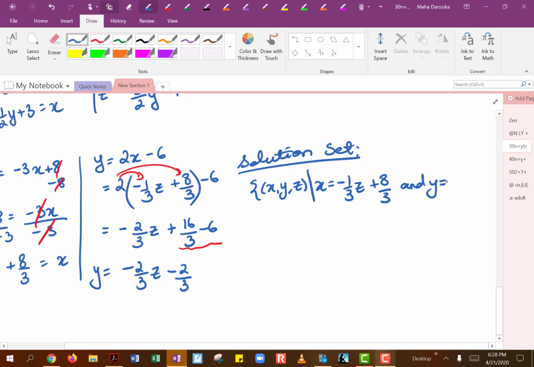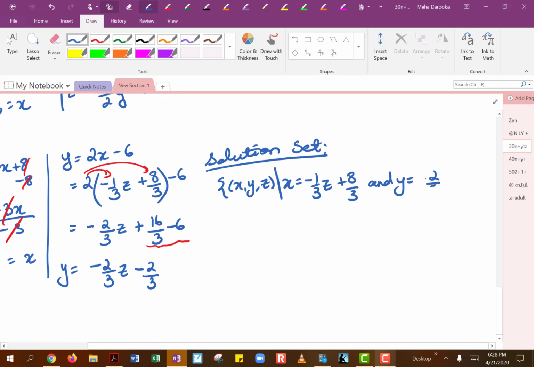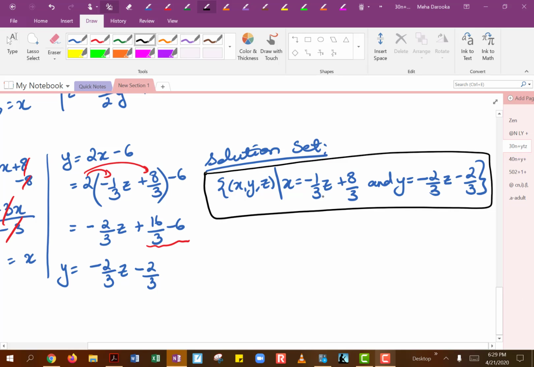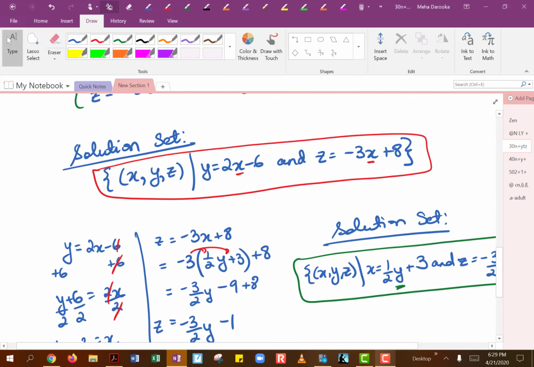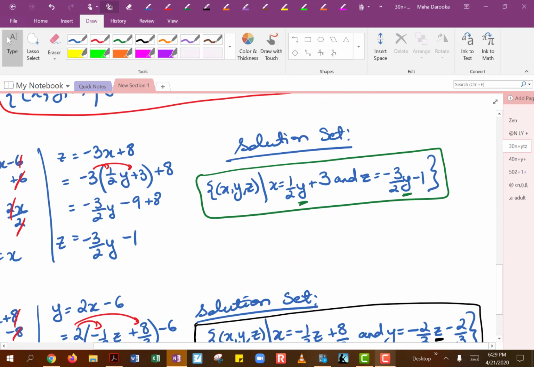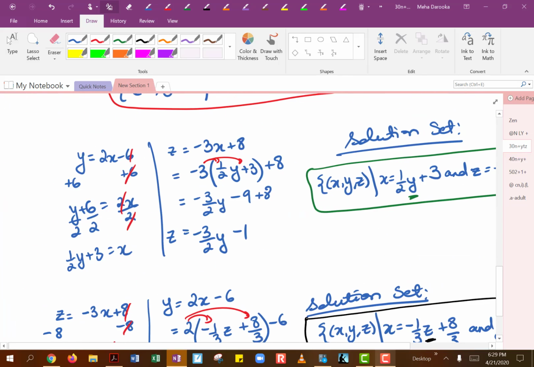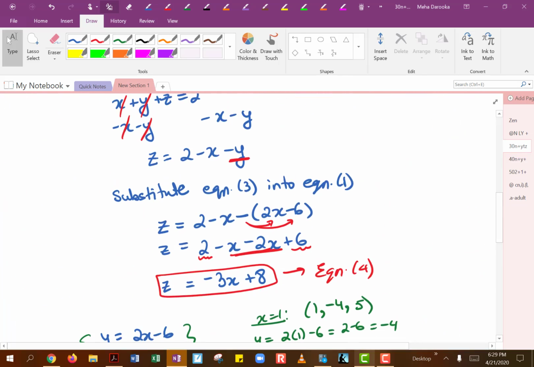And y equals negative 2/3 z minus 2/3. So this is of course if they want us to write our solution set in terms of z. So when you are working through your homework, you will need to see how they want you to write your answers. Is it going to be in terms of x? Is it going to be in terms of y? Or is it going to be in terms of z?